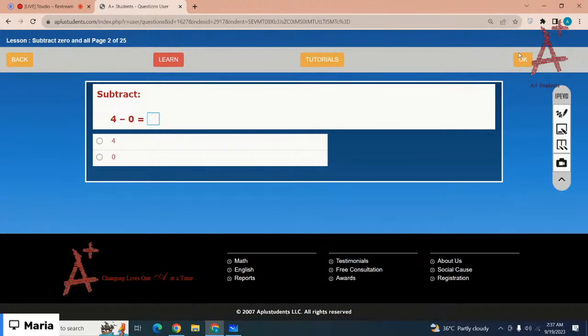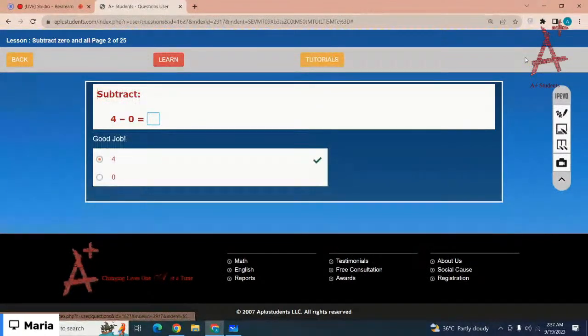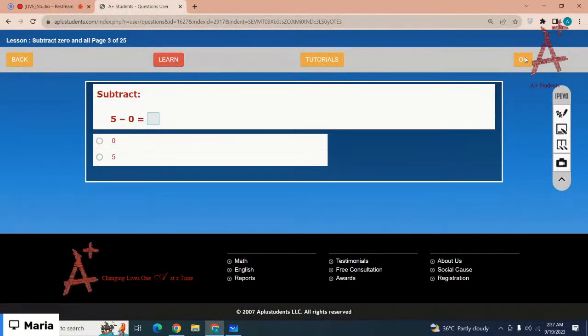Subtracting 0 from a number, the number stays the same. 4 take away 0 is 4. 5 take away 0, which is the correct option?